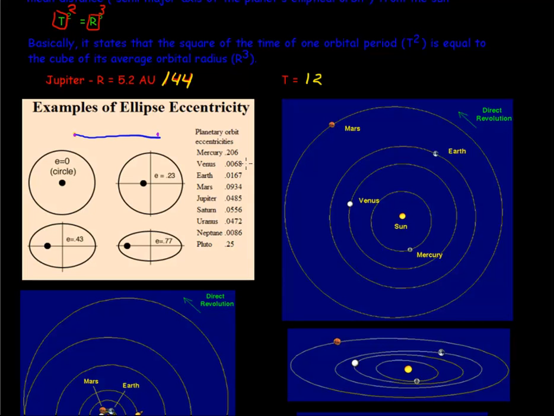Do you guys agree? Ka-ching! Who's got the least round of all the orbits? Ka-ching! And that's one of the reasons why Pluto got taken out of the whole idea of planets. Now Mercury's got the least round, even though it is still fairly round. We don't have any planets with a 0.77. We will have galaxies that are like that when we start talking about galaxies.